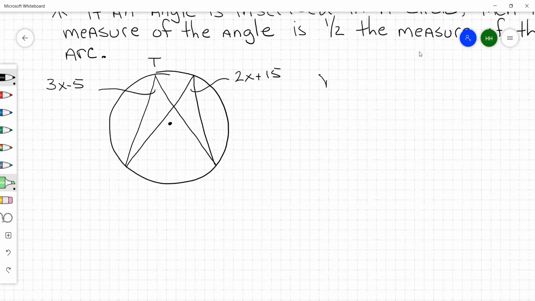And the question here is to find the measure of angle T. Find the measure of angle T, and angle T is sitting right here.